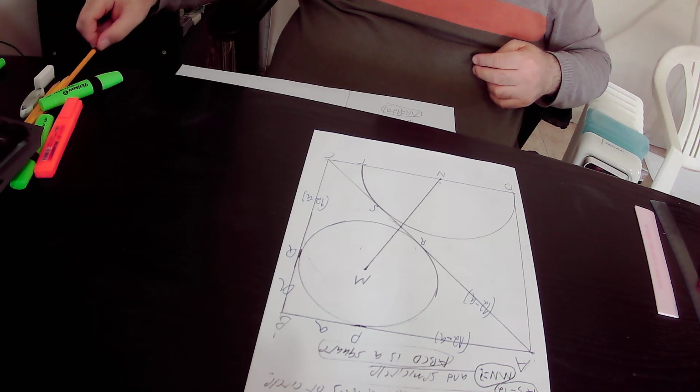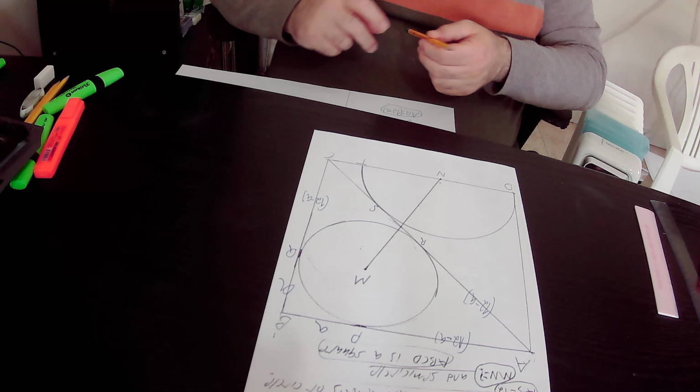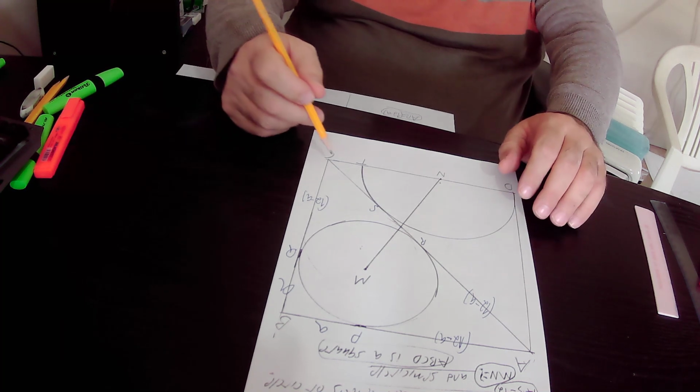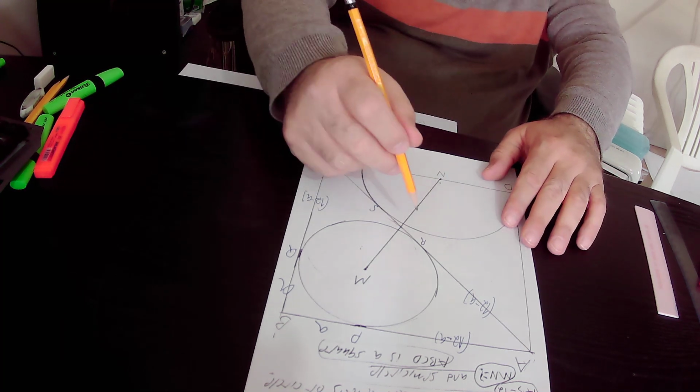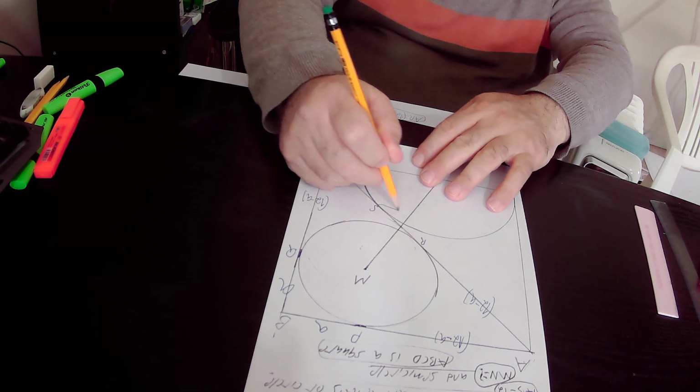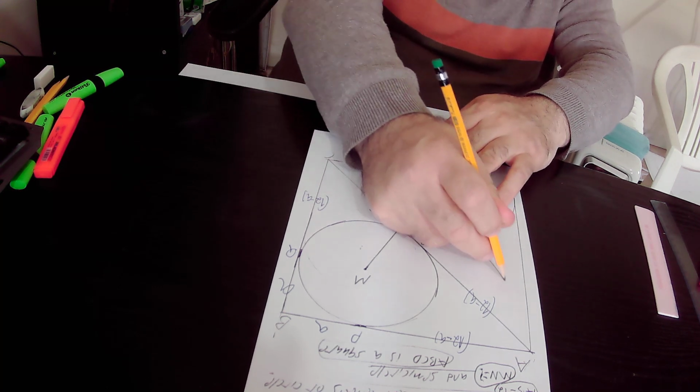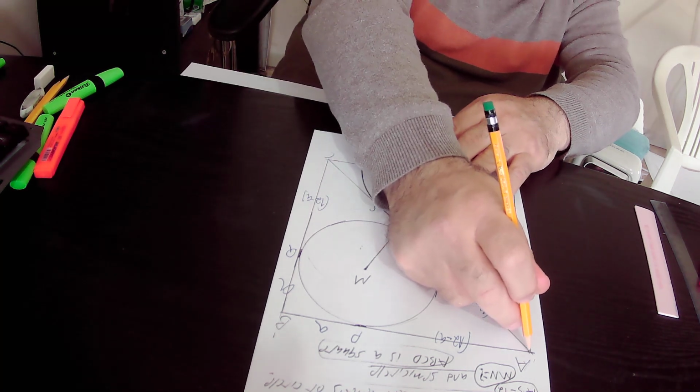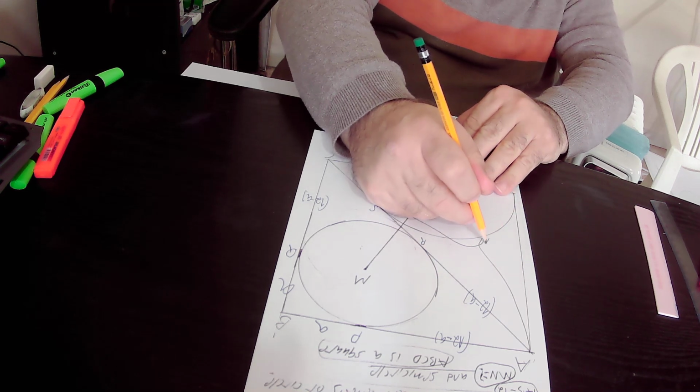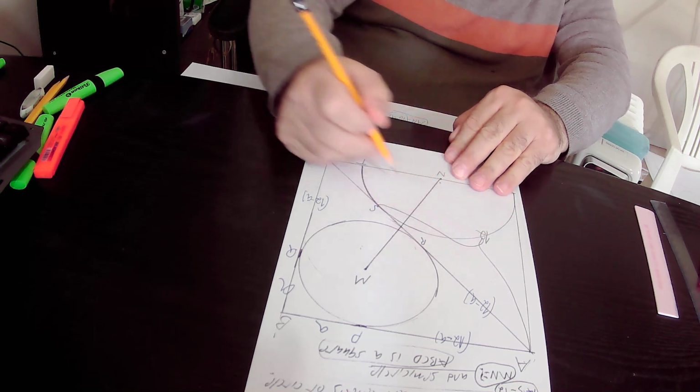So we can write here that AS is also equal to 12 units.